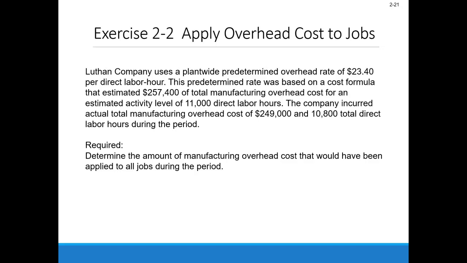And you see what we estimated the predetermined rate based on, total manufacturing overhead, is $257,400. Why? So we underapplied it, because we estimated 11,000 direct labor hours when in fact we only had 10,800 direct labor hours.